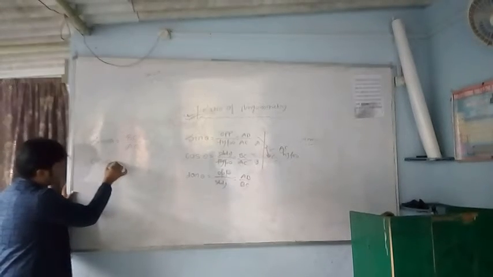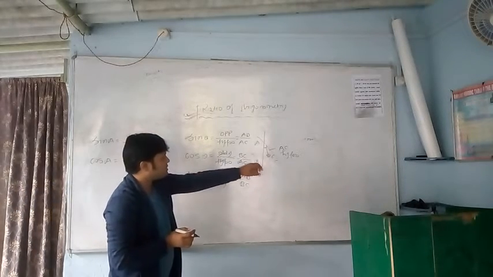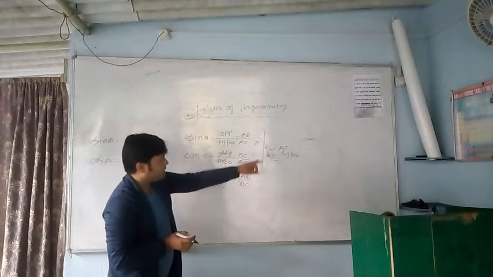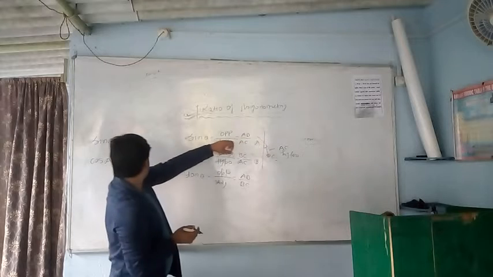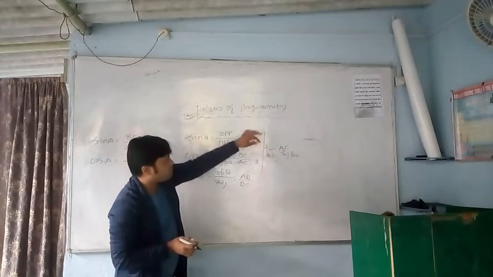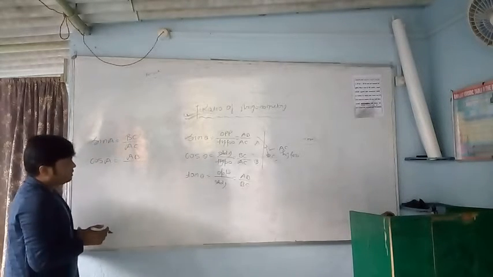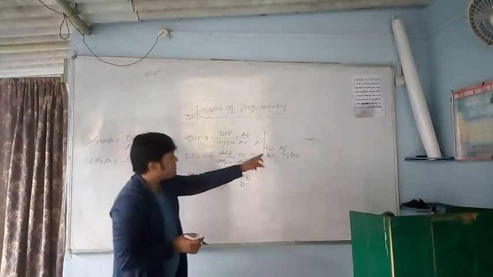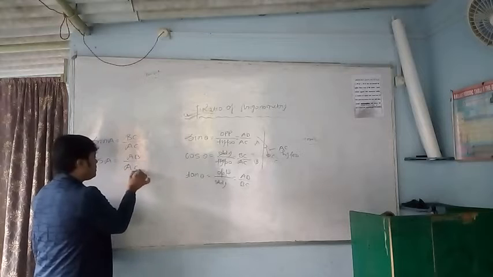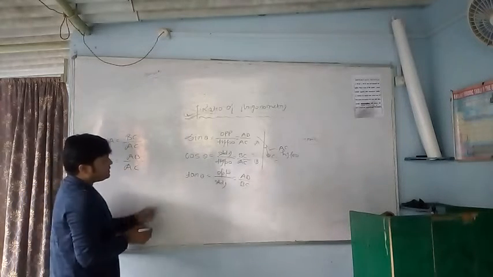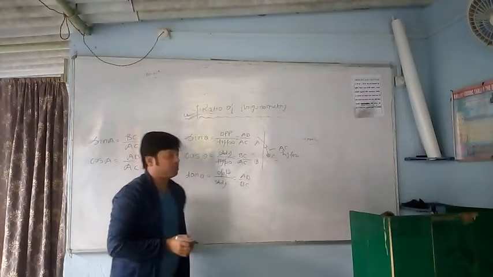Similarly, cos A becomes adjacent upon hypotenuse. This side is the opposite side, so the adjacent side becomes AB, and the hypotenuse is the same. AC is the common side. Whether it is angle C or angle A, the hypotenuse will remain the same.